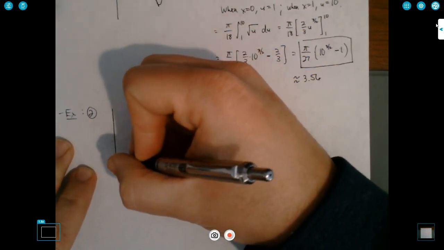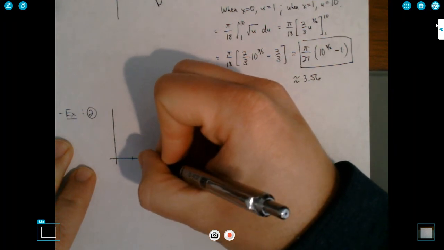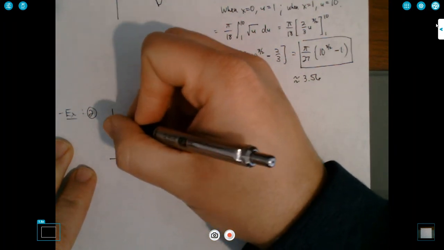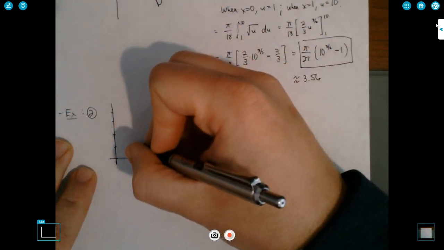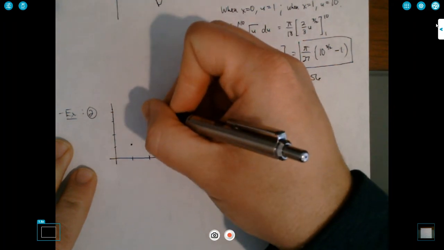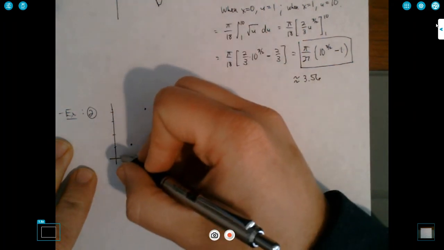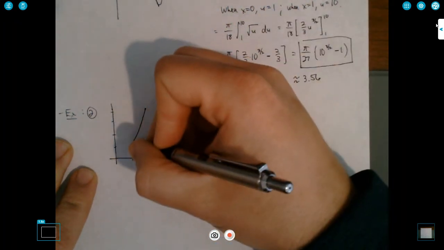So, okay, x squared goes through 1, 1, and then it goes through 2, 4, right? And it's a parabola looking thing, but this is the portion of the curve that we're interested in.